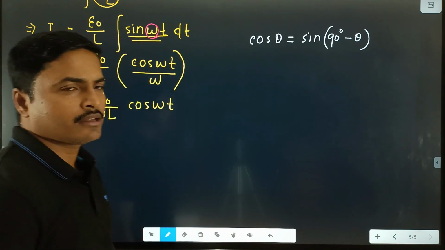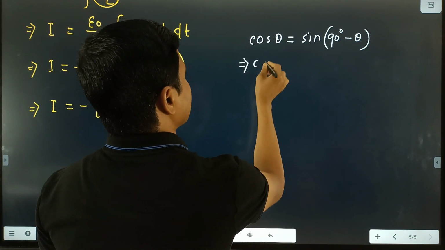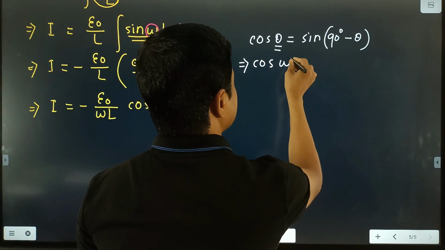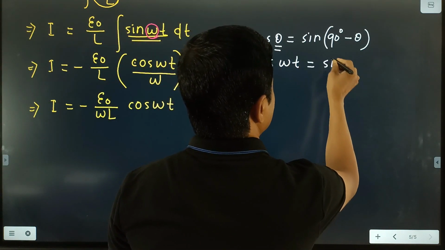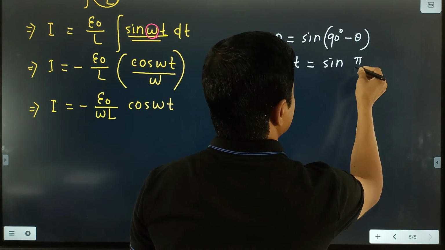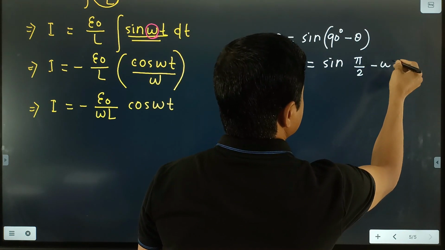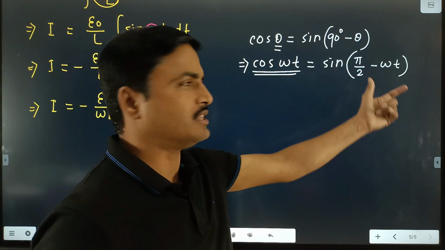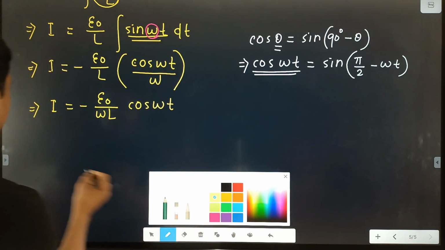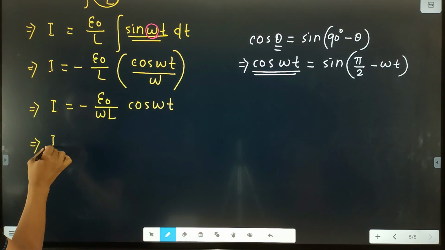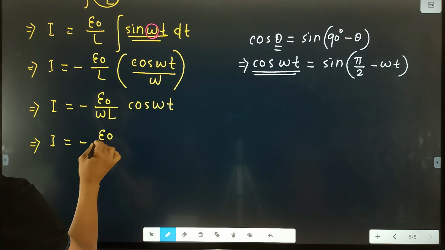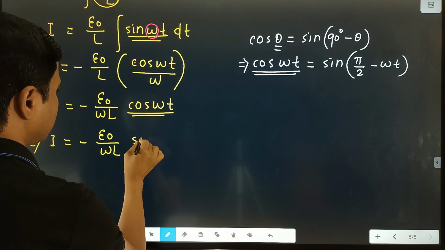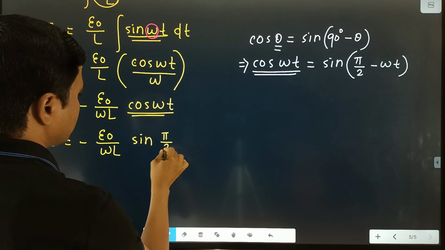In place of theta we write omega t, so cos omega t is equal to sin of pi by 2 minus omega t. So I is equal to minus E0 divided by omega L, in place of cos omega t we put sin of pi by 2 minus omega t.